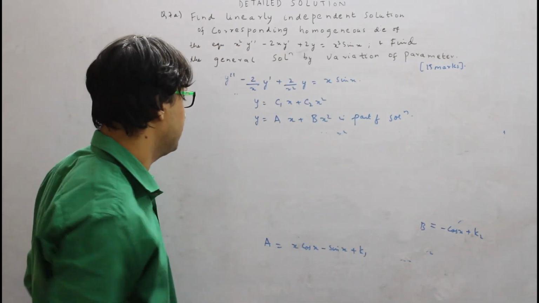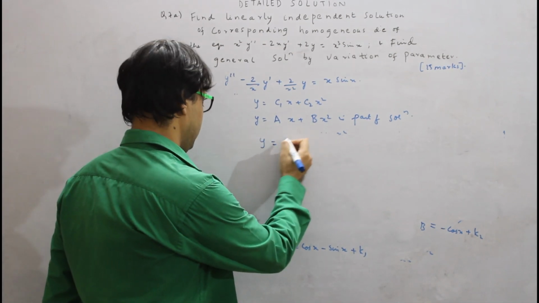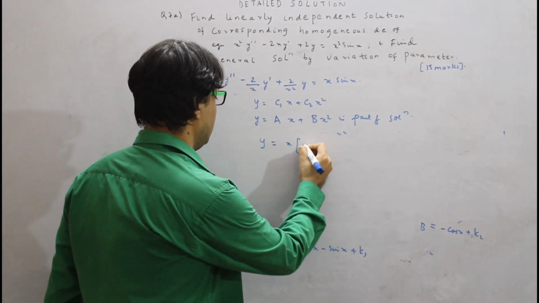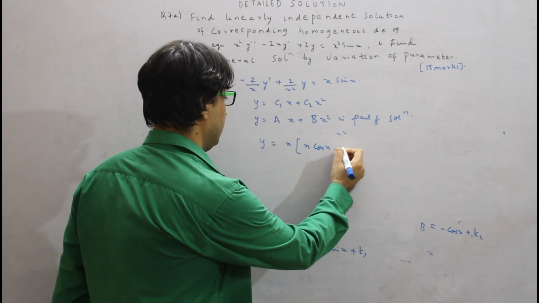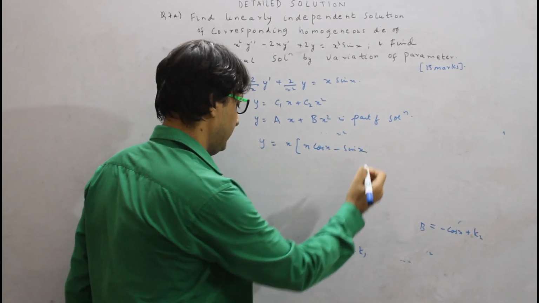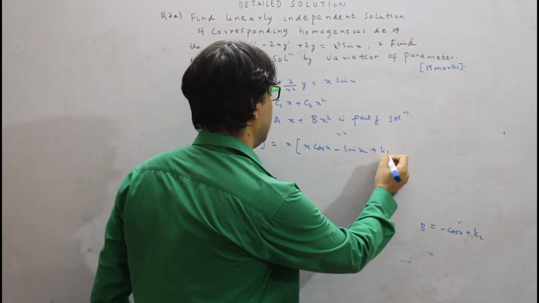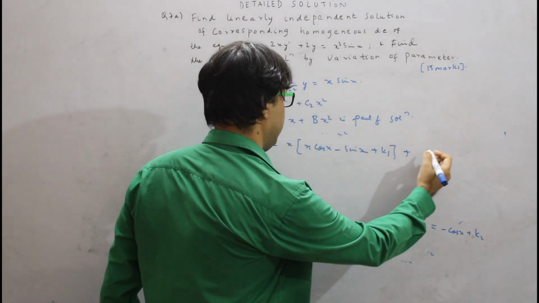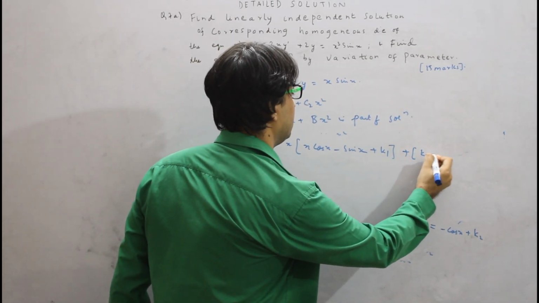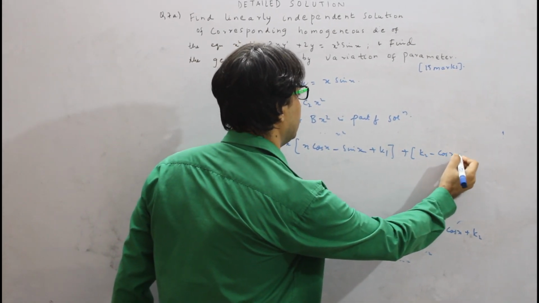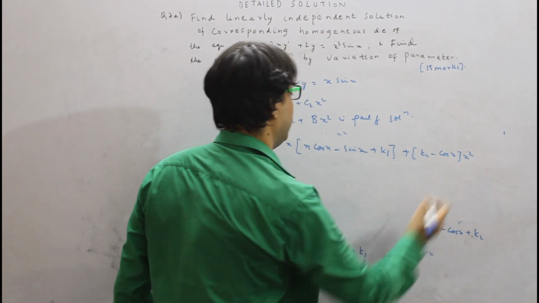So this gives us y = x(x cos x − sin x) + k1 + b, which is k2 − cos x · x².